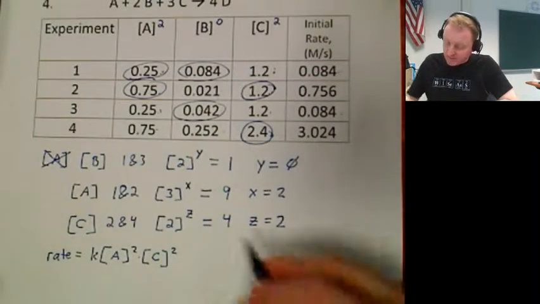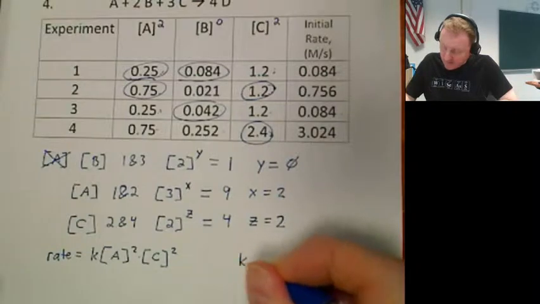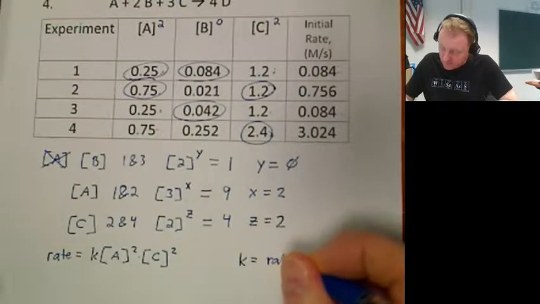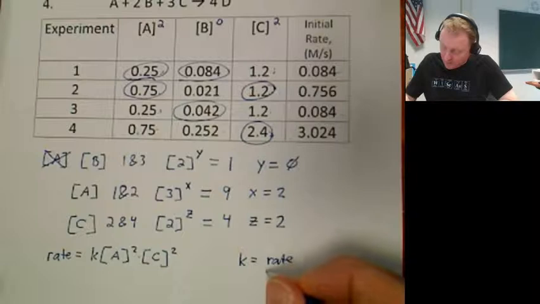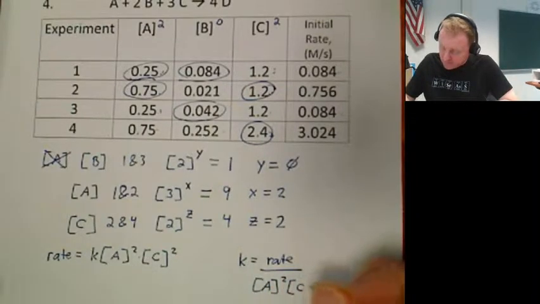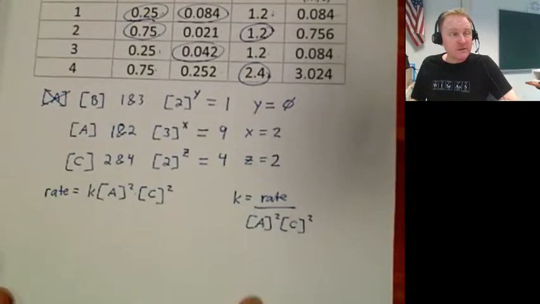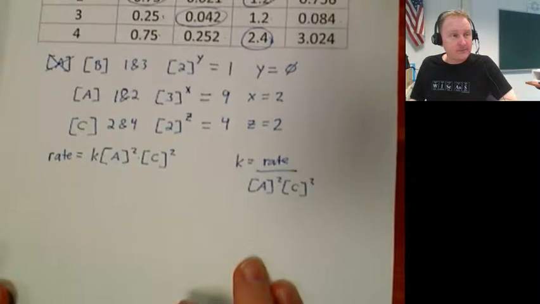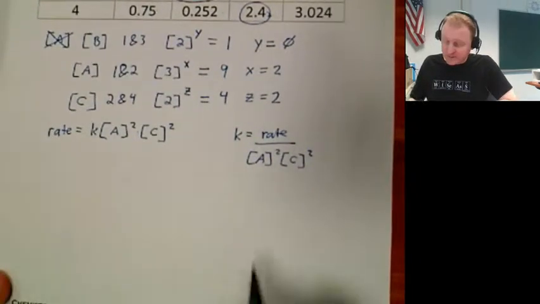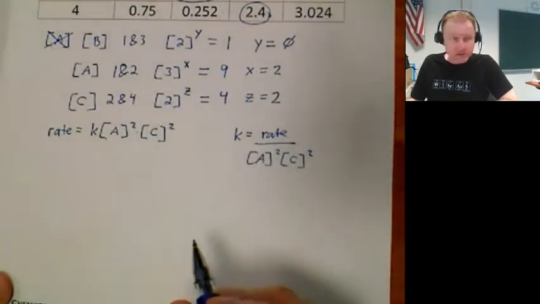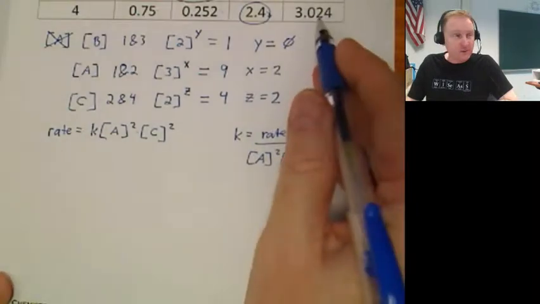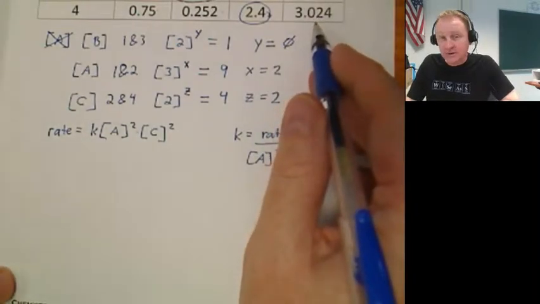Let's rearrange that to solve for K. So K equals the rate over A squared C squared. We're going to pick any one of our experiments and plug in the values to see what K equals. I'm going to choose the fourth one just because we can see it easier on the screen this way.